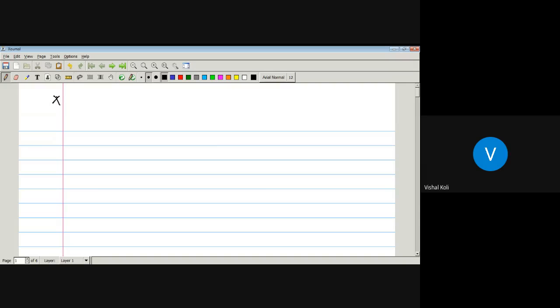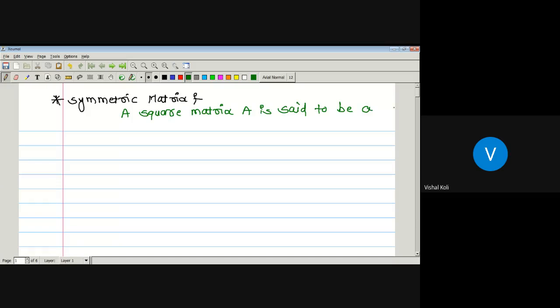First we will see what a symmetric matrix is. A square matrix A is said to be a symmetric matrix if its transpose coincides with itself.